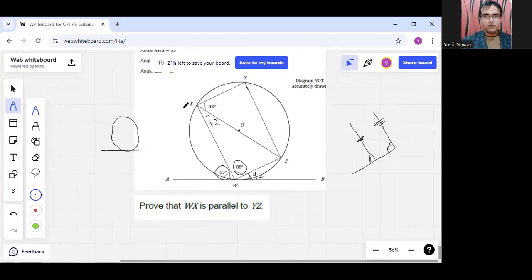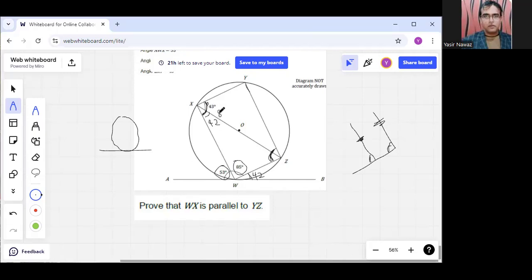XYZW is a cyclic quadrilateral, so the sum of the opposite angles would be 180. So this whole angle and this whole angle, their sum should be 180. So it's 43 plus 42. What is 43 plus 42? 85.